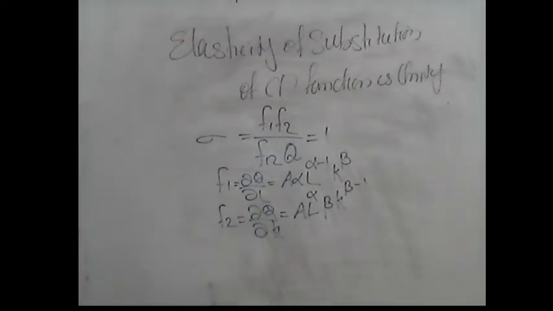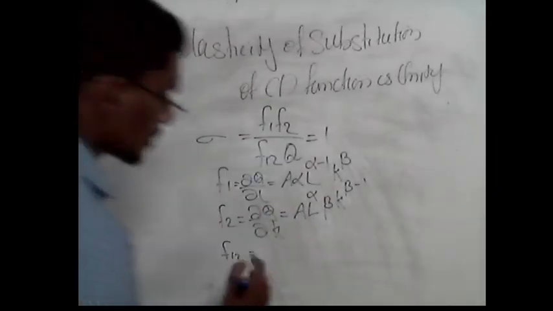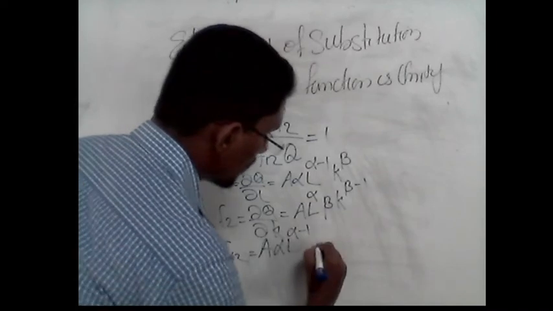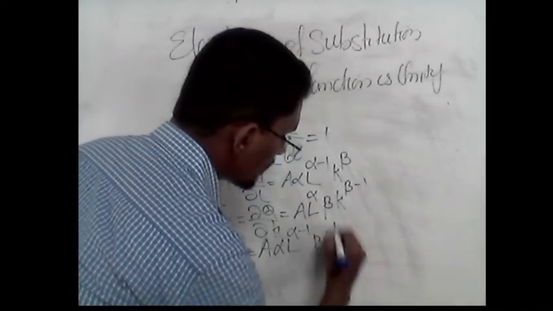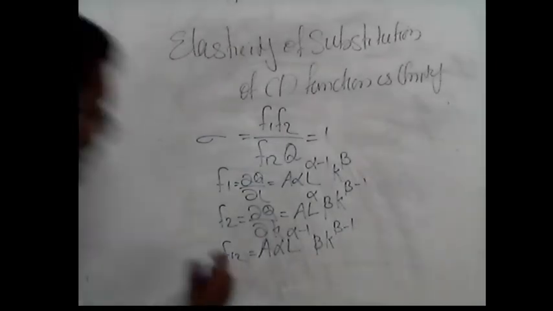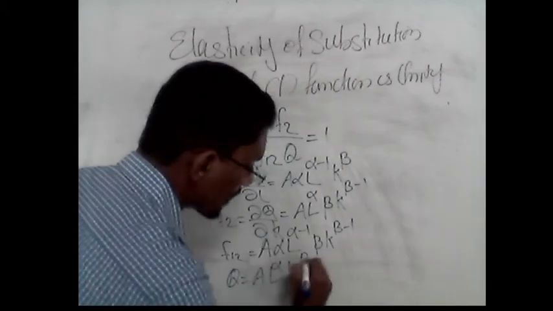And F12 we can get by differentiating this function with respect to capital, that is A alpha L raised to alpha minus 1 beta K raised to beta minus 1. And the original production function Q is equal to A L raised to alpha and K raised to beta, and we can substitute these values in our original equation.